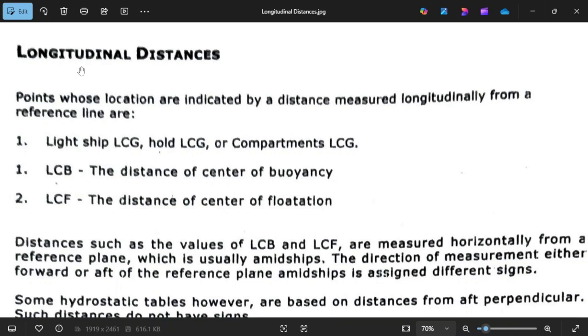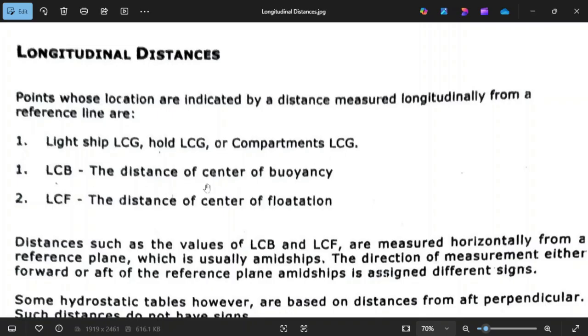Longitudinal distances. Okay, so just read, guys. Points whose locations are indicated by distance measured longitudinally from a reference line are: lightship, which has an LCG or longitudinal center of gravity, and cargo holds also have LCG, and compartments like ballast tanks, freshwater tanks, fuel oil tanks, or DO tanks also have LCG.